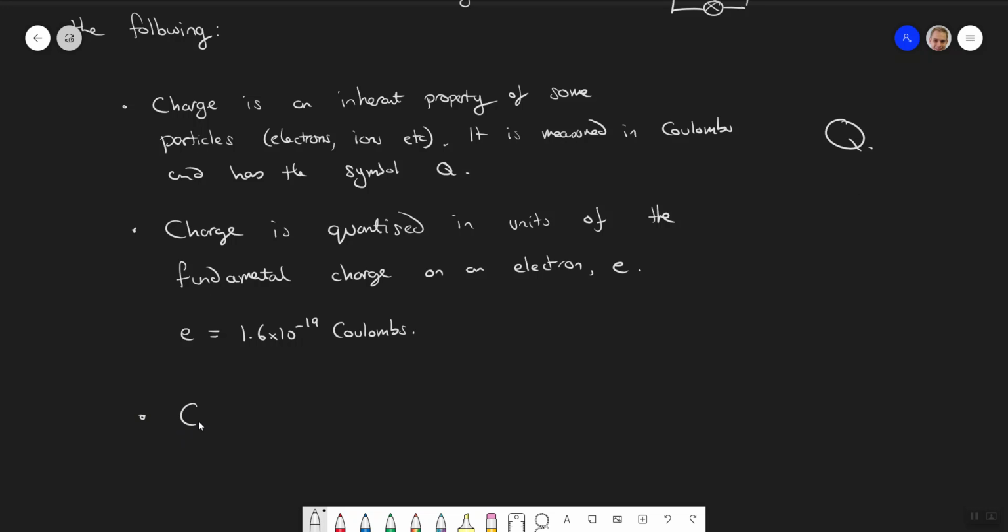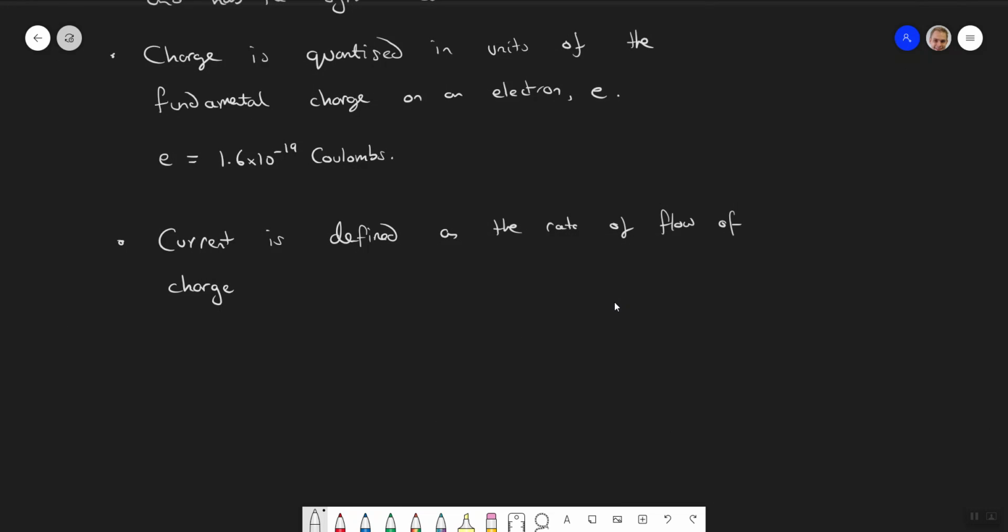And we have current, which is defined as the rate of flow of charge. Anytime you have a movement of charged particles from one side to another, you create a current.